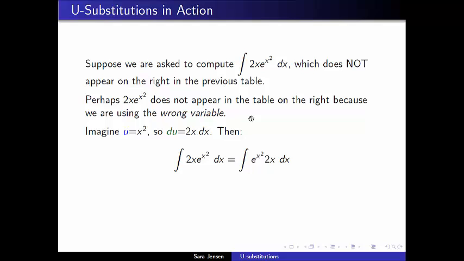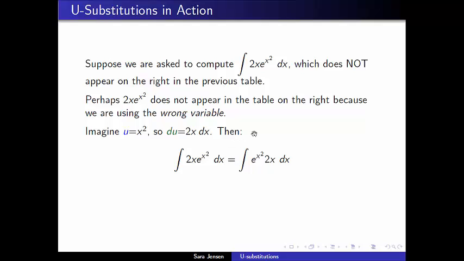So let's be a little more specific about that thinking. Let's imagine that there's a different variable called u, and there happens to be a relationship between the variable u of my imagination and the variable that I'm looking at currently, x, and that specific relationship is that u is equal to x squared. It follows from that relationship that the change to u is given by 2x dx.